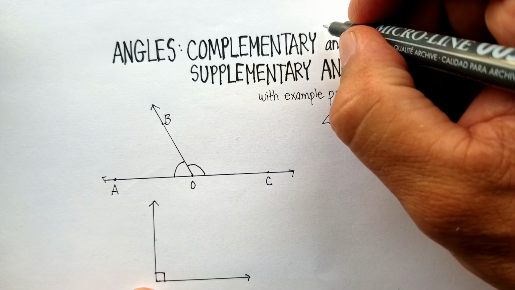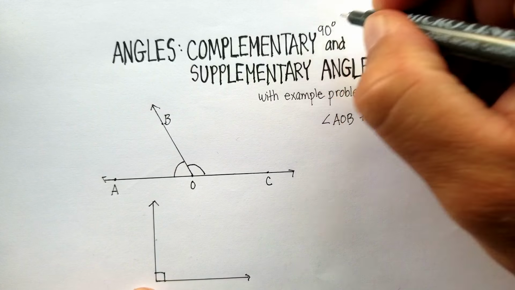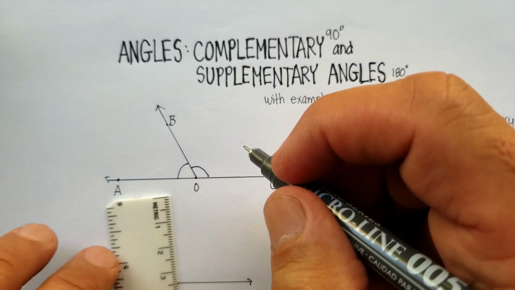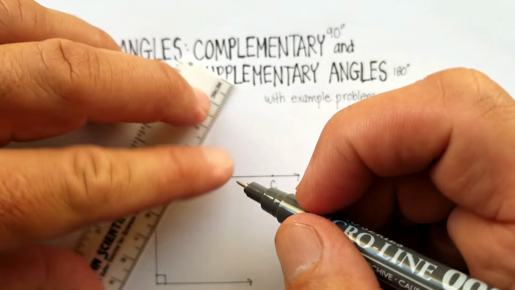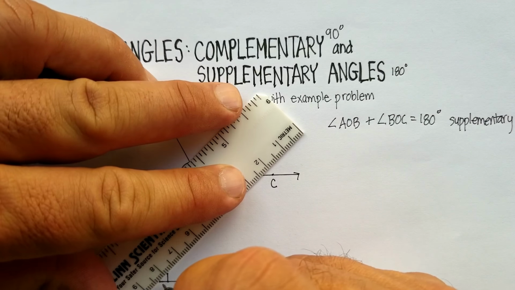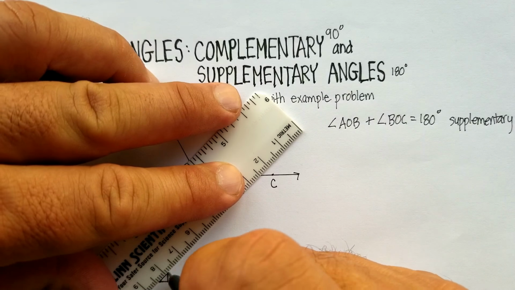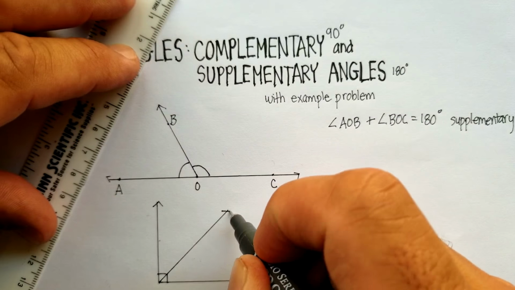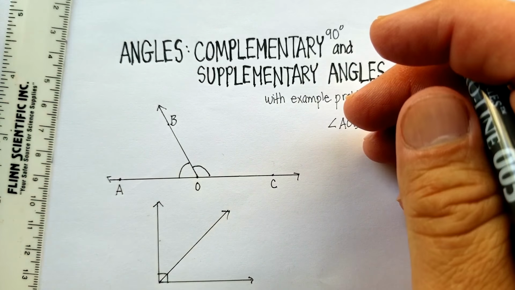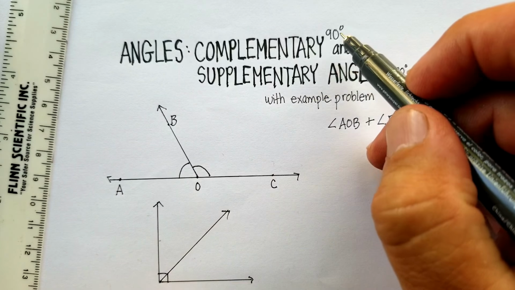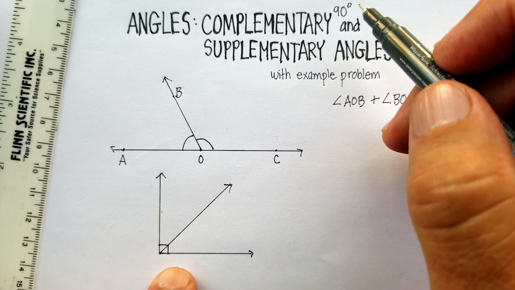So complementary angles form 90 degrees. Whenever I have two angles that add up to 90 degrees, two angles of any sort that add up to 90 degrees are called complementary angles.